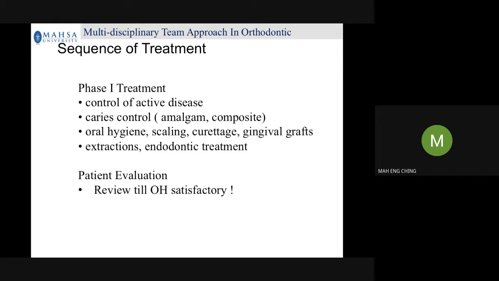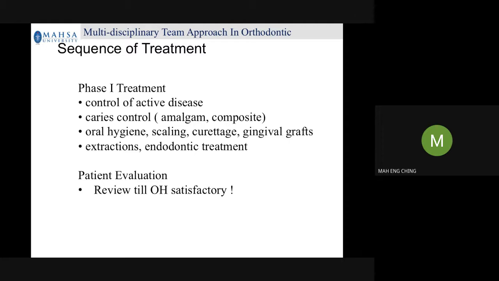When the patient comes back to me, they're still in poor oral hygiene, which is not good, because I still cannot start treatment since the disease is not controlled. No matter how many times we clean the teeth or do scaling or curettage or root planing, it's not going to be useful without the patient's cooperation. So the patient has to do their job. The doctor will help you to clean, but the maintenance the patient has to do themselves. Without this maintenance, nothing is going to happen.